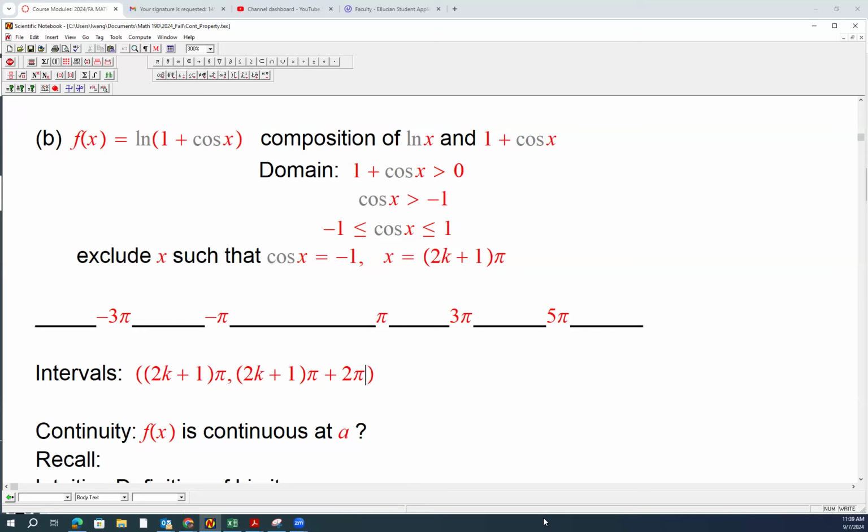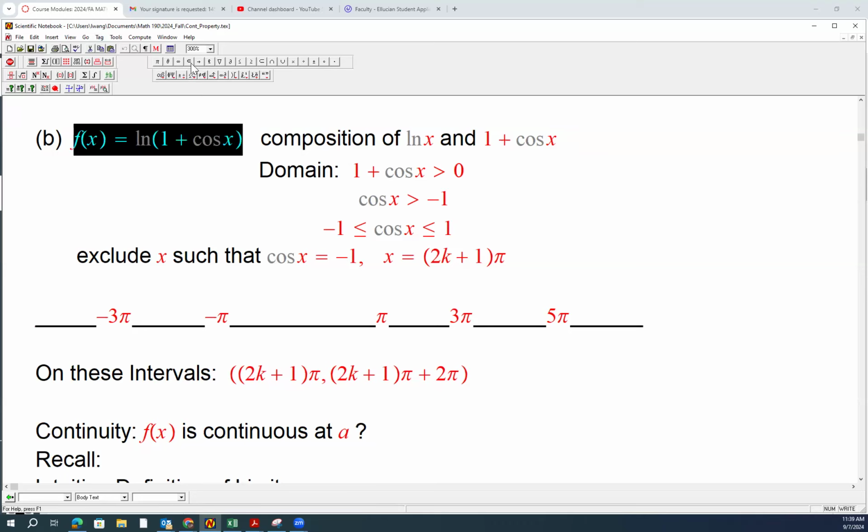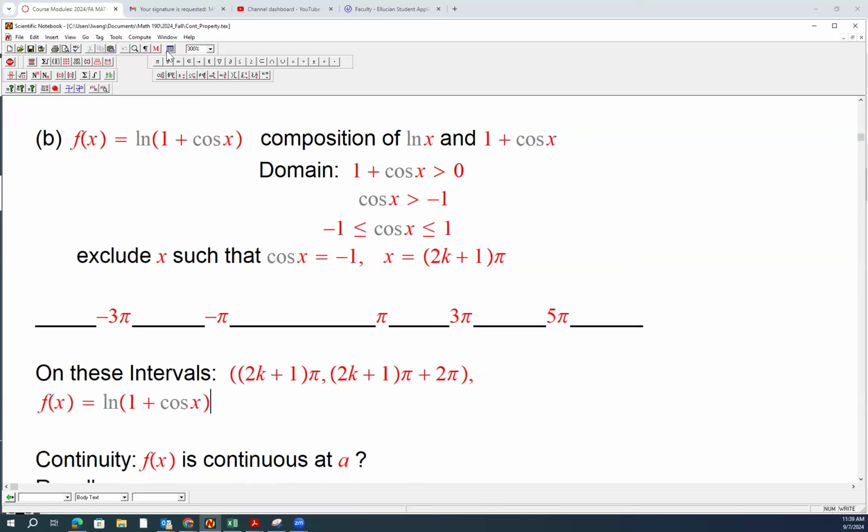On these intervals, f of x is continuous for any integer k. That's it.